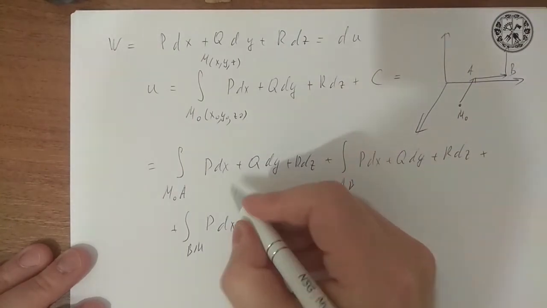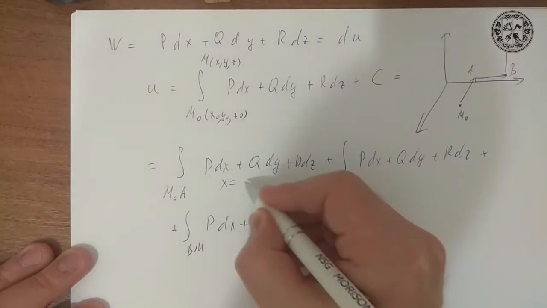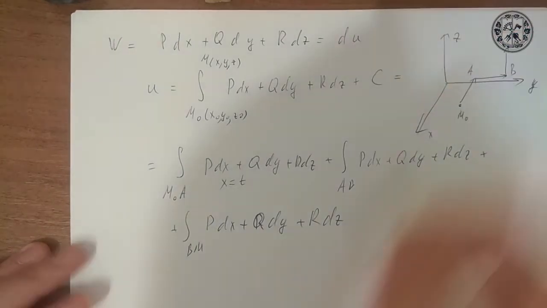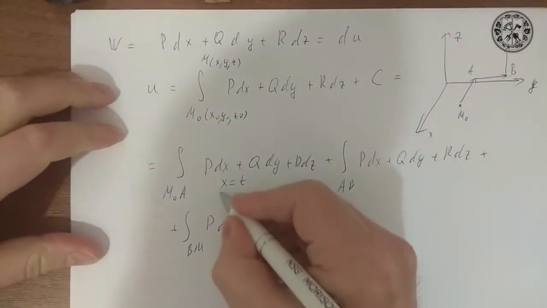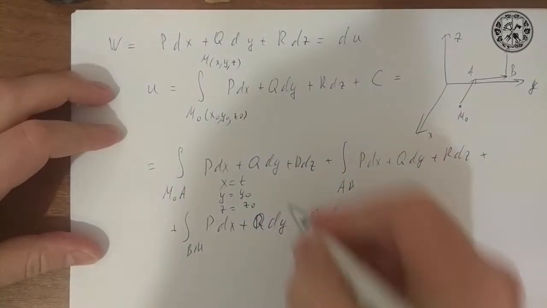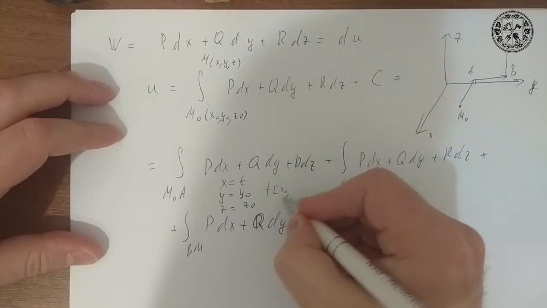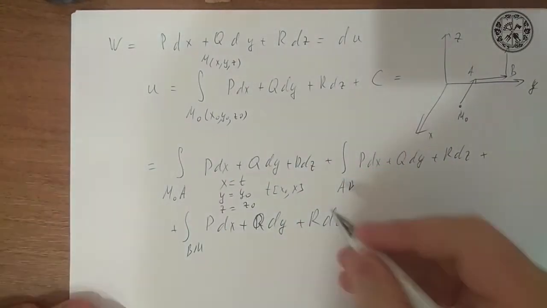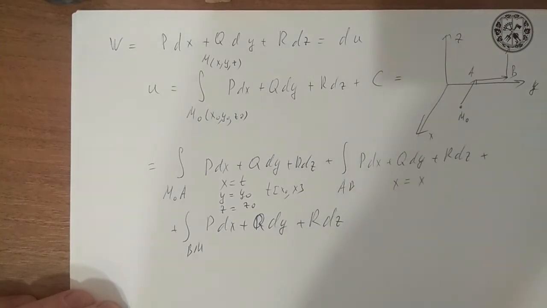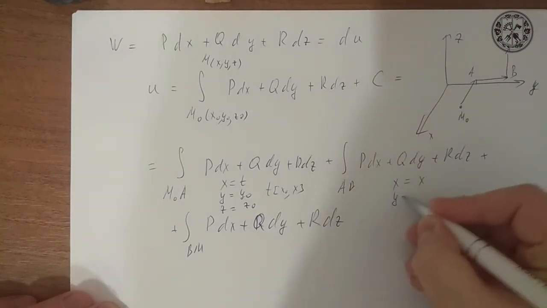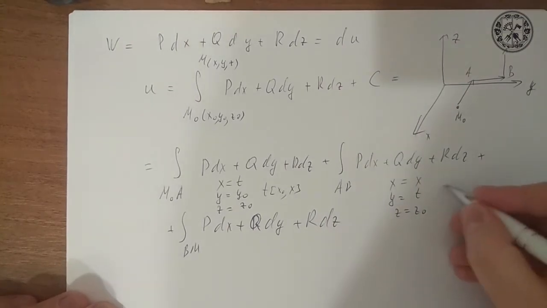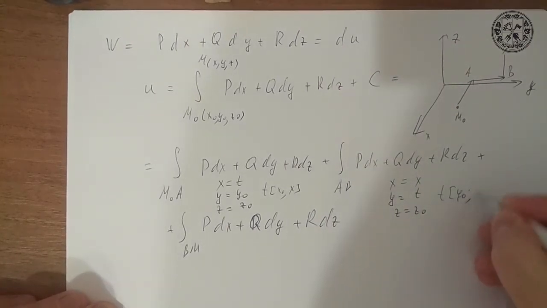In the first integral, x is changing, but y is y0 and z is z0. T is changing from x0 to x. Here x is already x, y is changing, z is z0, so t will go from y0 to y.